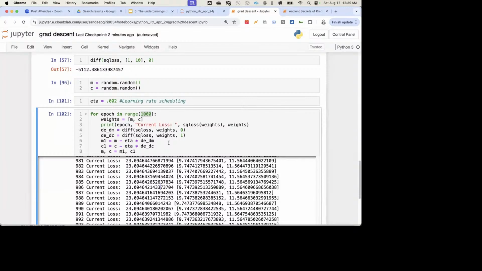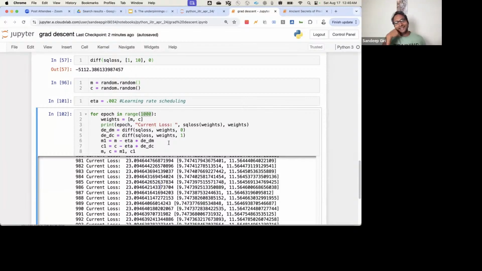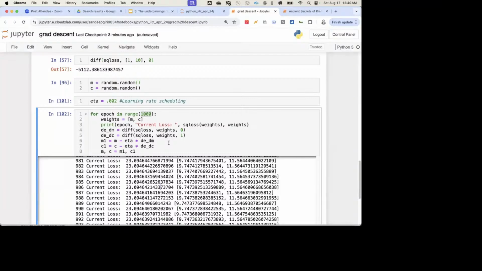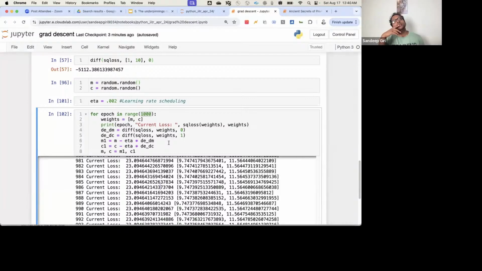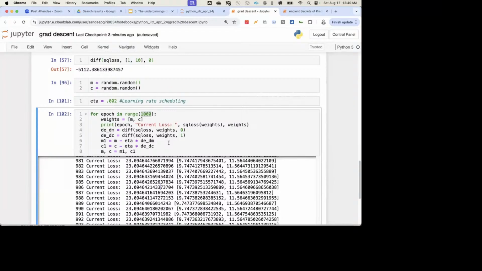Right. I think I'm still not very clear, but he's trying to figure out, I think his question is with respect to the stock market specifically. Yeah. For the same thing, the M and C which you calculated now is not 100% fitting for the data points which we have, correct?